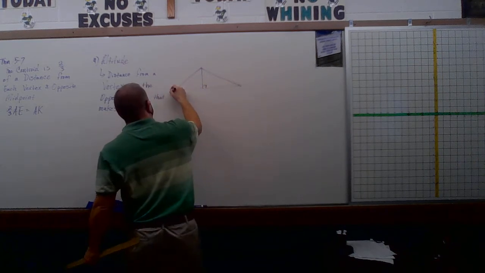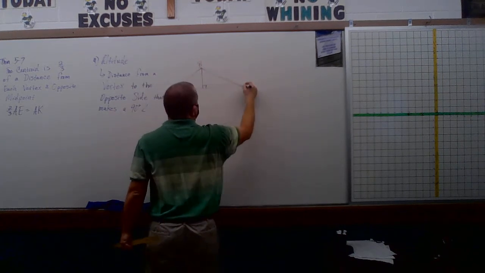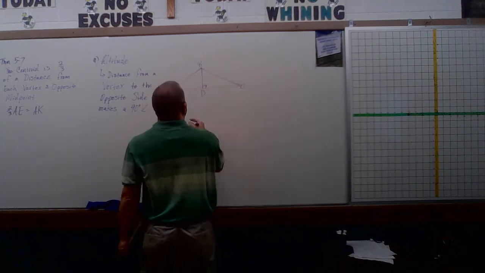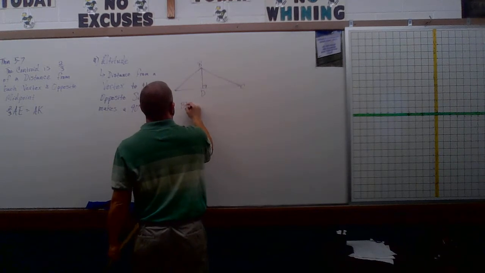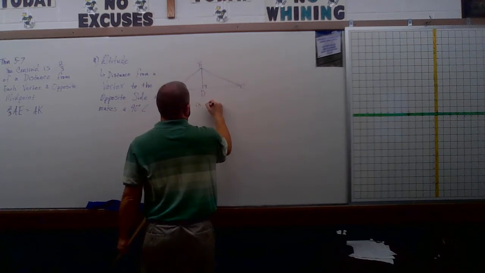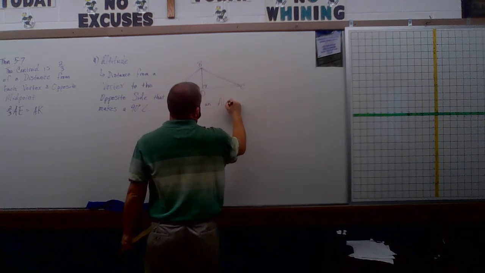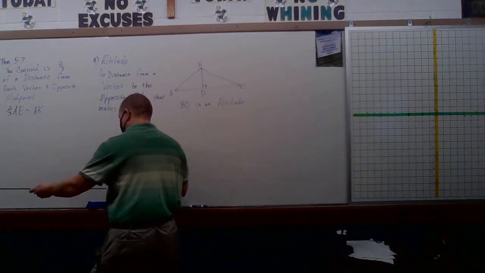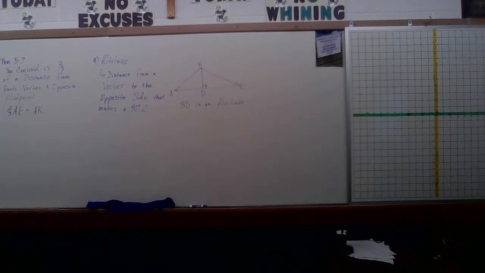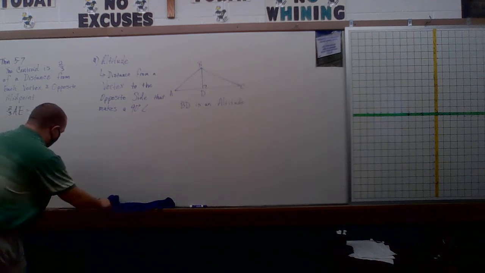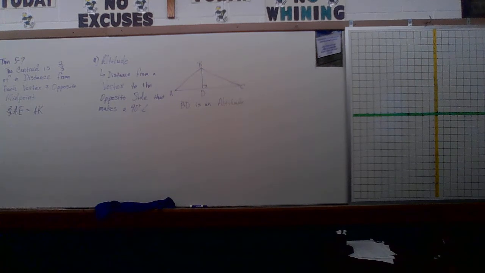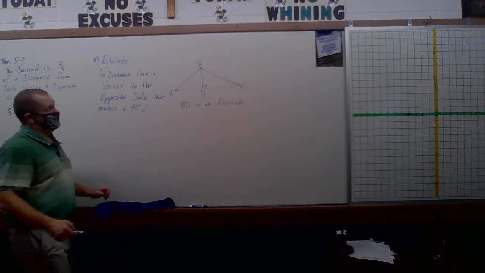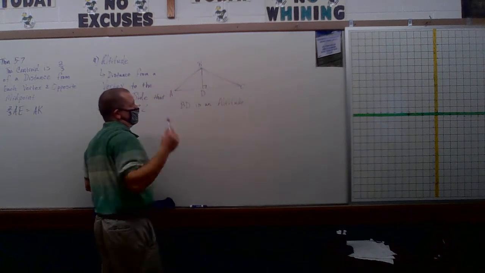Okay, so again, A, B, C, D, BD is an altitude. The most important thing about an altitude is that it's 90 degrees and that it comes from a vertex.